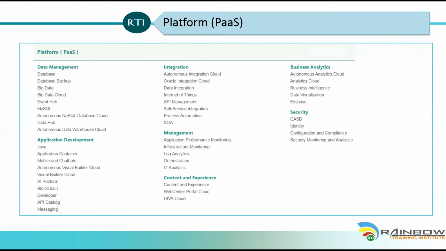I cannot pull data from my E-Business Suite using business analytics if I am in a SaaS model. In that case, I have to go to this platform and buy business analytics so that I can query data from anywhere in the world, basically. So we have to buy business analytics from the platform as a service components from Fusion.